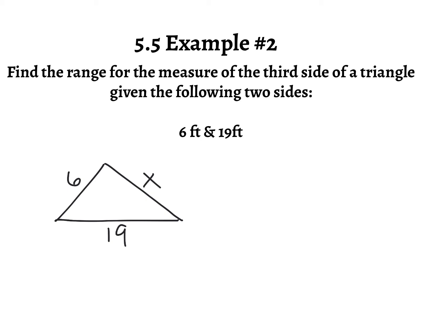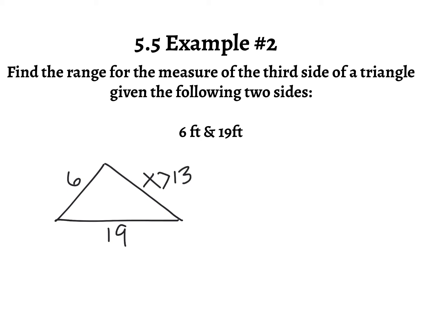So we start trying some numbers out. And the smallest number I can think of is 13.1. Right? 6 plus 13 is 19. We don't want it to equal 19. We want it to be a little bit more than 19 in order for it to work. So x has to be bigger than 13.